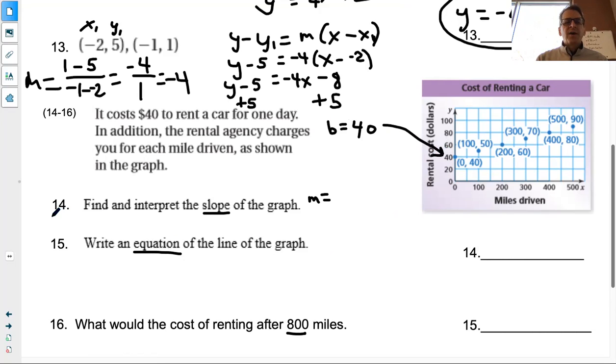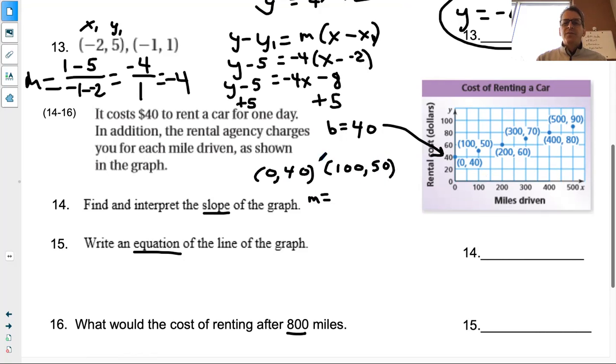Number 14 asks, find and interpret the slope of the graph. We already know how to find slope, but if you look at these, you've got 1, 2, 3, 4, 5, 6 points that are on this line. And you could pick just 2 of them. I'm going to pick the intercept, (0, 40). And I'm also going to pick the second point, (100, 50). I just picked a couple of points. Now with our skill here, we're going to determine the slope of that little line.